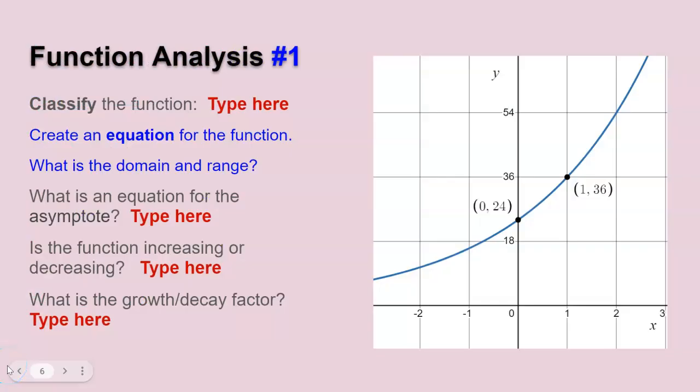Finally, we're going to do some function analysis, and for these, we're kind of going in reverse. We're given a graph, and we're going to create an equation to fit. So classify this function. What is the domain and range? What is an equation for the asymptote? Is this function increasing or decreasing? And is it growth or decay? They really need to decide if this is growing or decaying too, so that would be important.